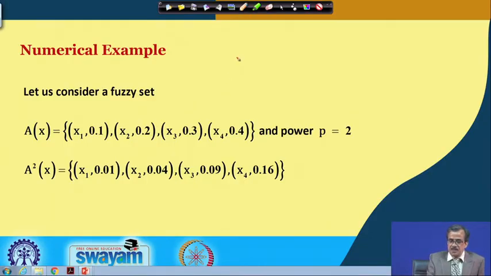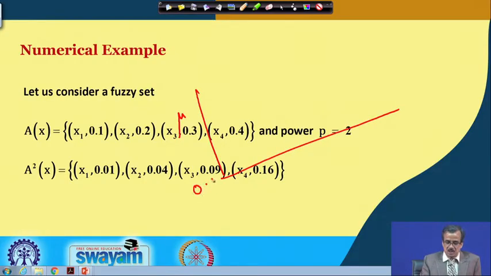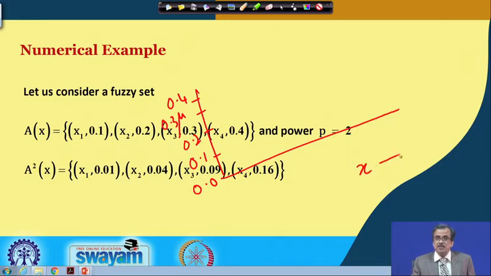Now, once again let me draw a fuzzy set, like if this is your mu, and let me consider this is 0.0, this is 0.4, say this could be 0.1, 0.2, and this is your 0.3. And along this we have got x, and supposing that this is x 1, this is x 2, this is your x 3, and this is x 4.